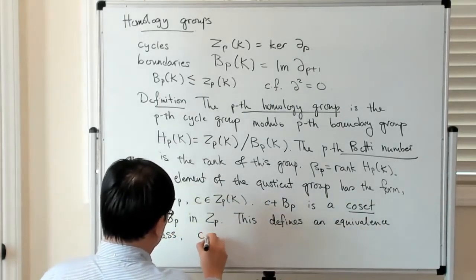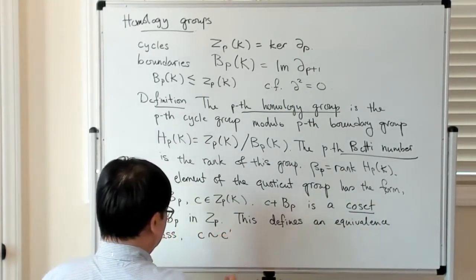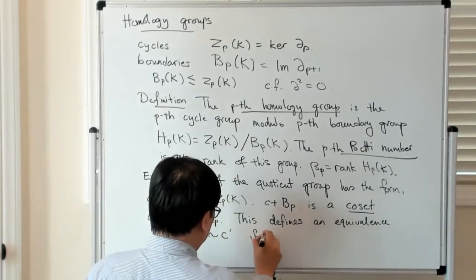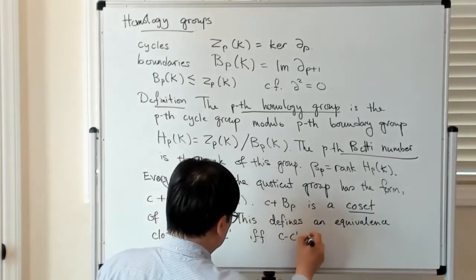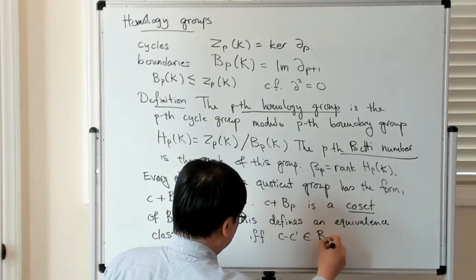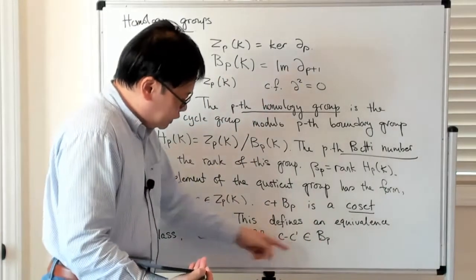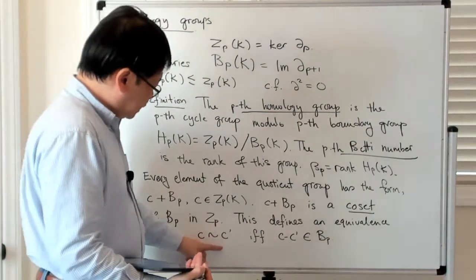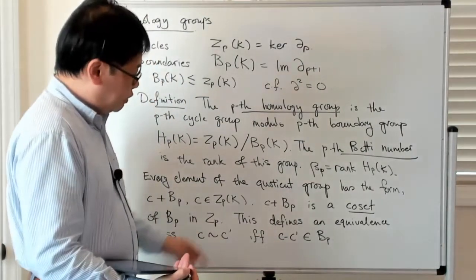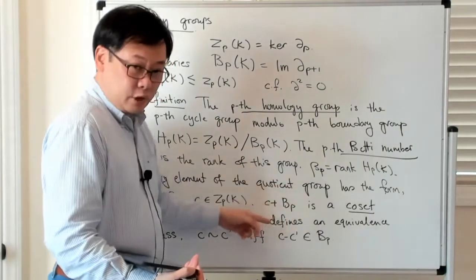And we say that C is equivalent to, say, C prime if and only if the difference is in B_P. It's easy to convince yourself that this is saying C is equivalent to C prime if both of them are in the same coset.